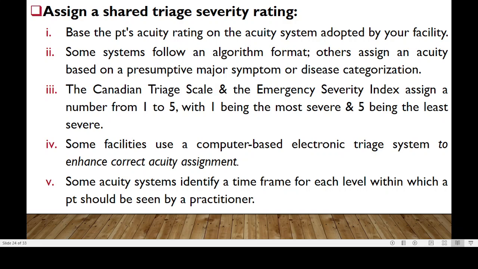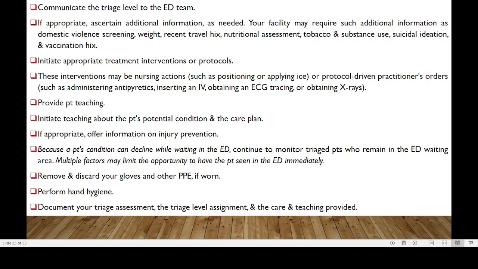This one they normally assign from 1 to 5, with 1 being the most severe and 5 being the least severe. Some facilities use a computer-based electronic triage system to enhance correct acuity assignment. Some acuity systems identify a time frame for each level within which a patient should be seen by a practitioner.